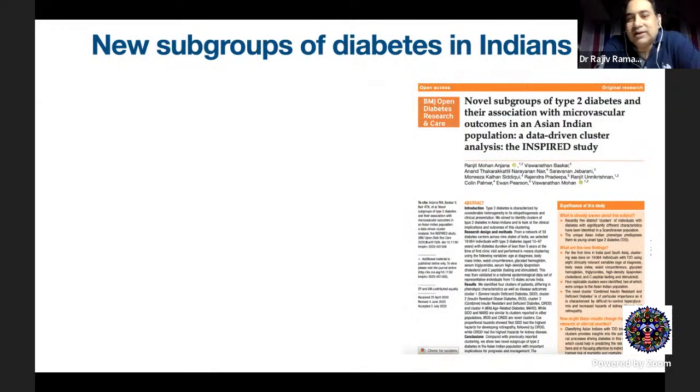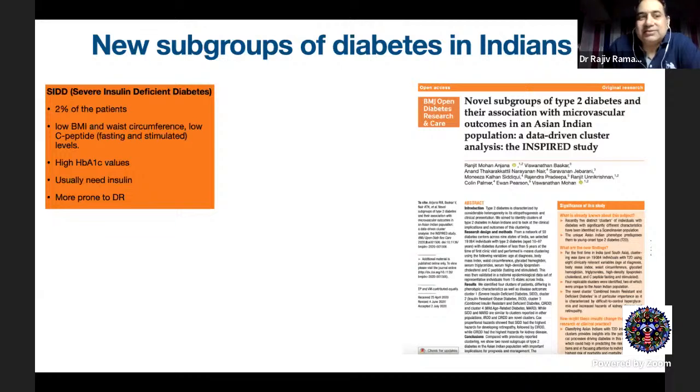Recently, Dr. Mohan has also described some different subgroups of diabetes in India, which give them a propensity for microvascular complications. So he has described, based on BMI and C-peptide, what is called severe insulin deficient diabetes. These are the people who are very prone to diabetic retinopathy.